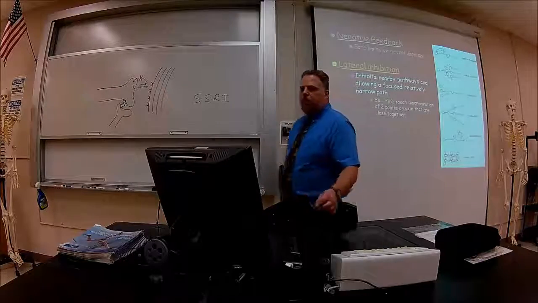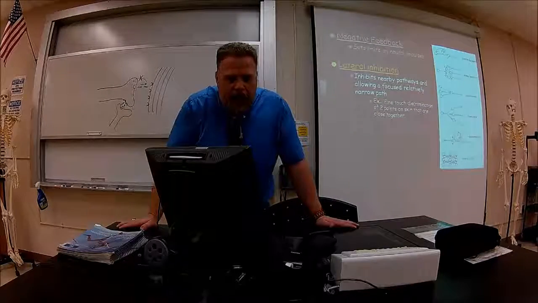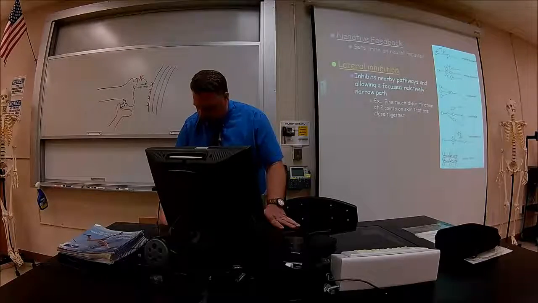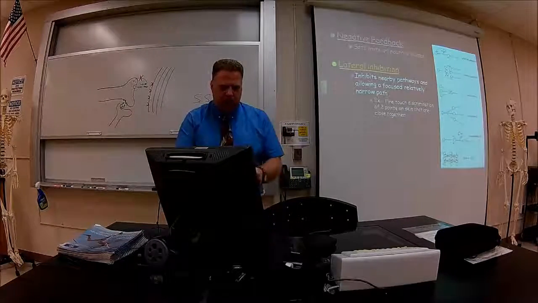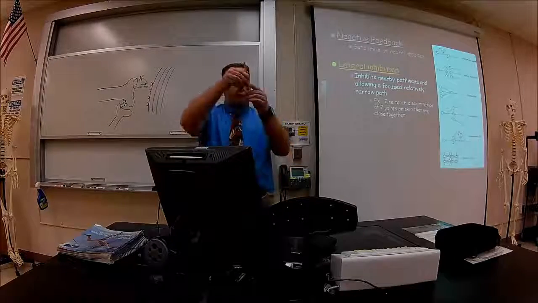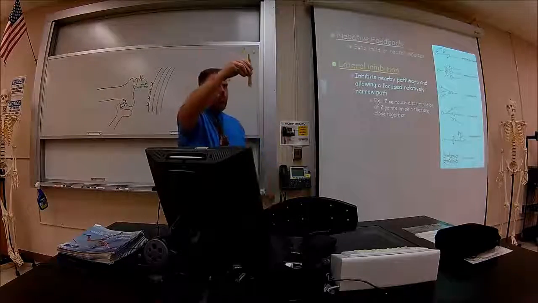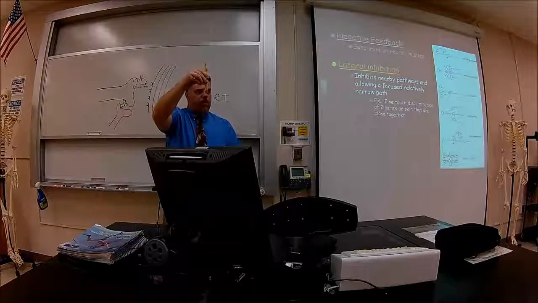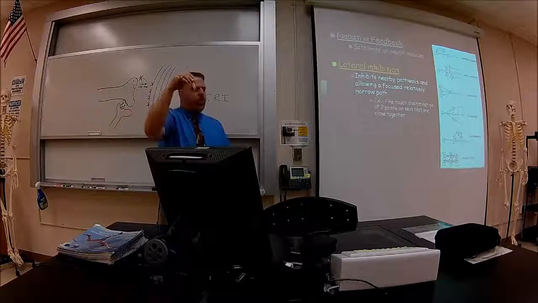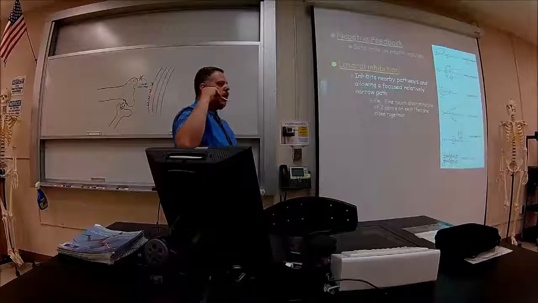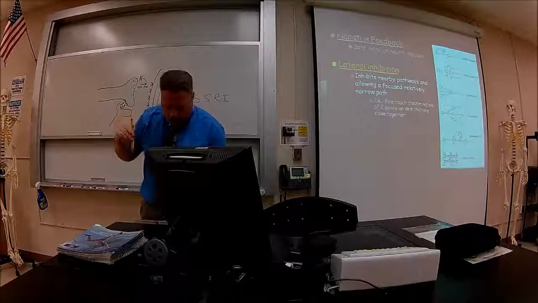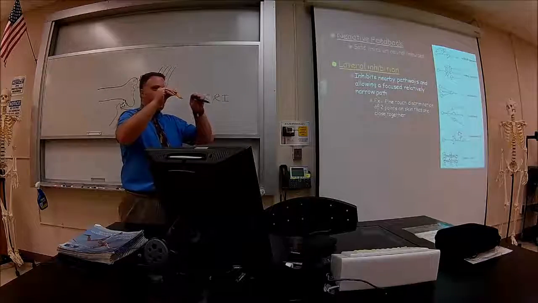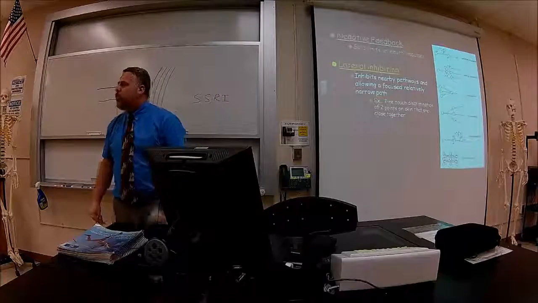A good example of this is fine touch, discrimination of 2 points. I don't know if I did this with you guys yet. It's taking 2 pencils, put them right together. Okay? Now, there's 2 points there. If I take those 2 points and put it on your back, whether I go with 1 point or 2 points, you can't tell the difference.